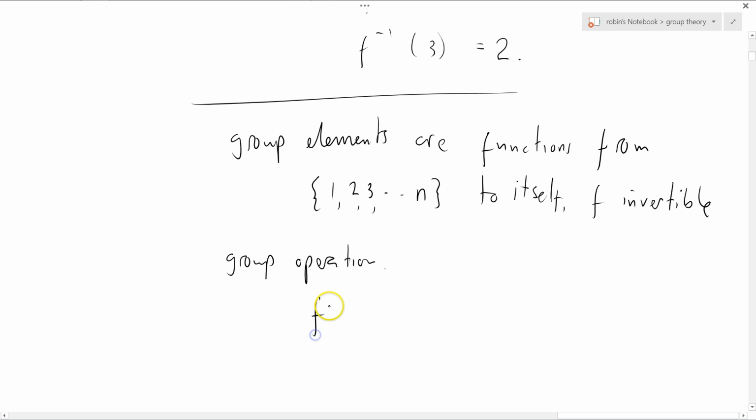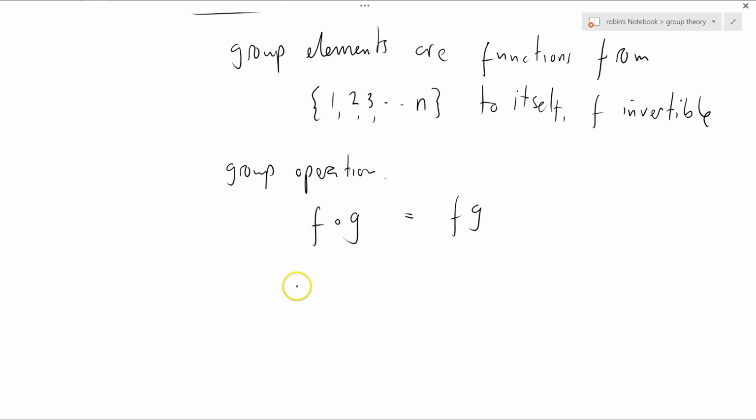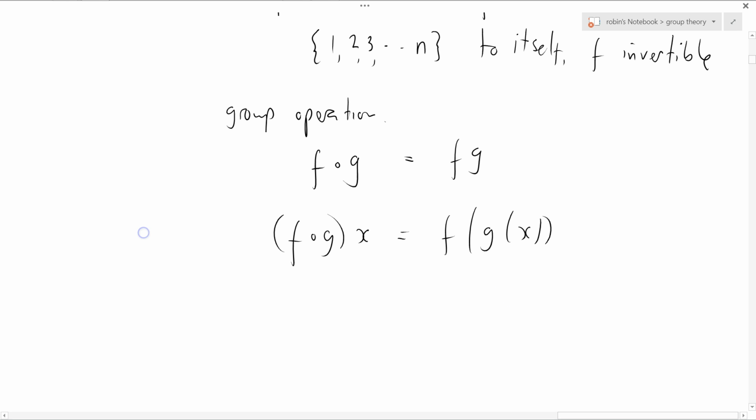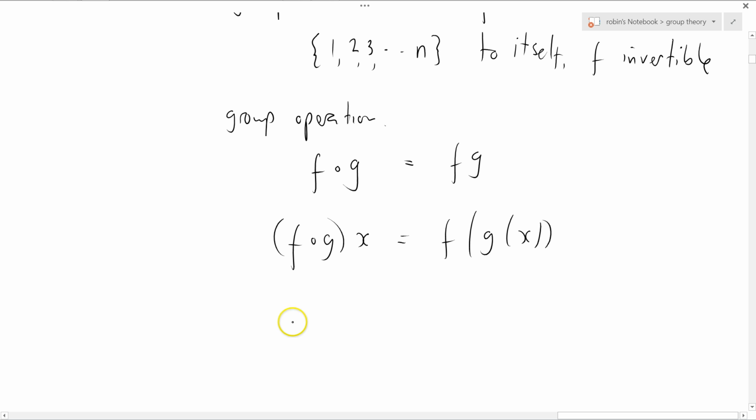Well, that's just f composed with g is just fg, in the sense that f composed with g of an element x is f of g of x. This is quite tricky to understand. I'm going to spend a bit of time talking about this. So, what's going on here? This is the group operation which maps elements of my set to one another.